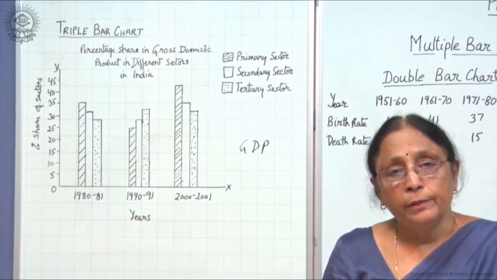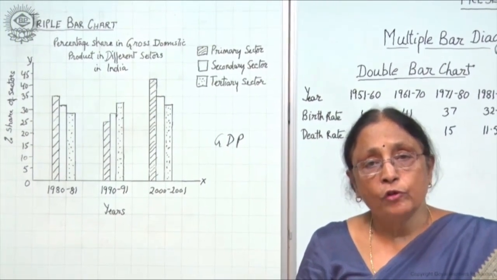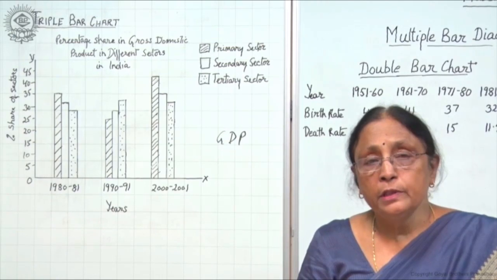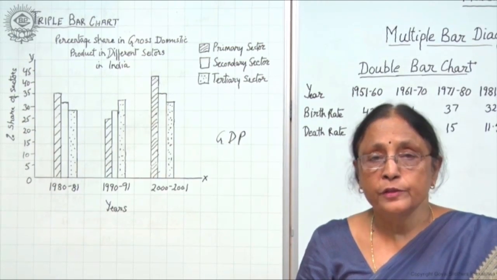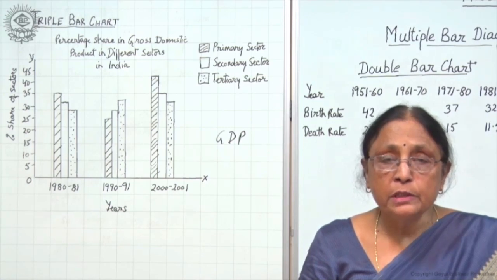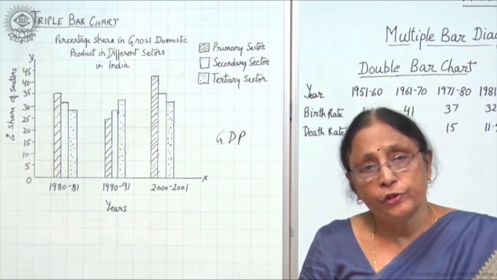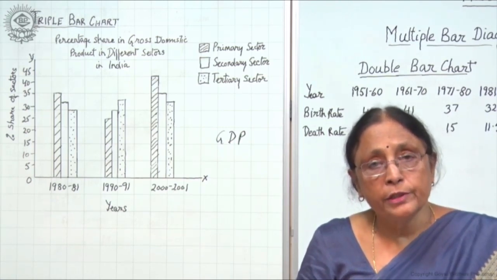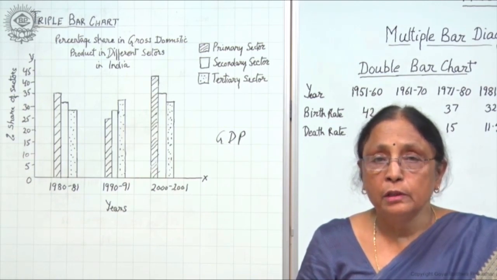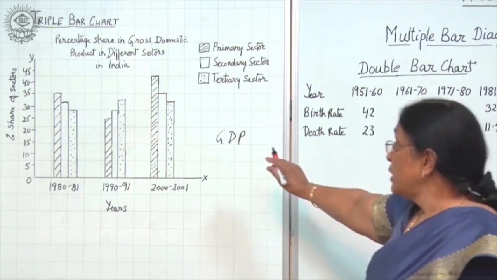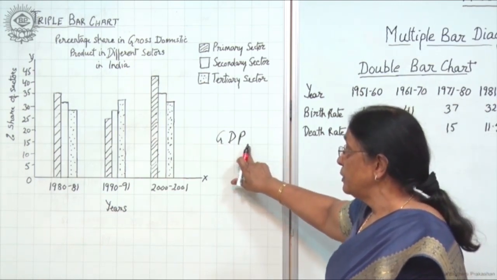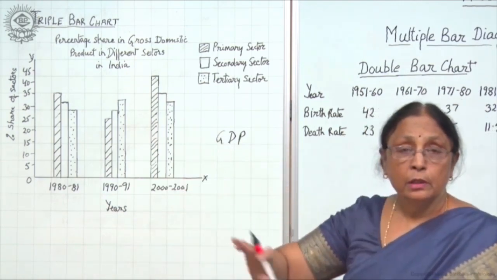Now what does it mean? G stands for gross, that means total. D is for domestic, and domestic here means within the domestic territory of the country, not including the production outside the country. And product means production.